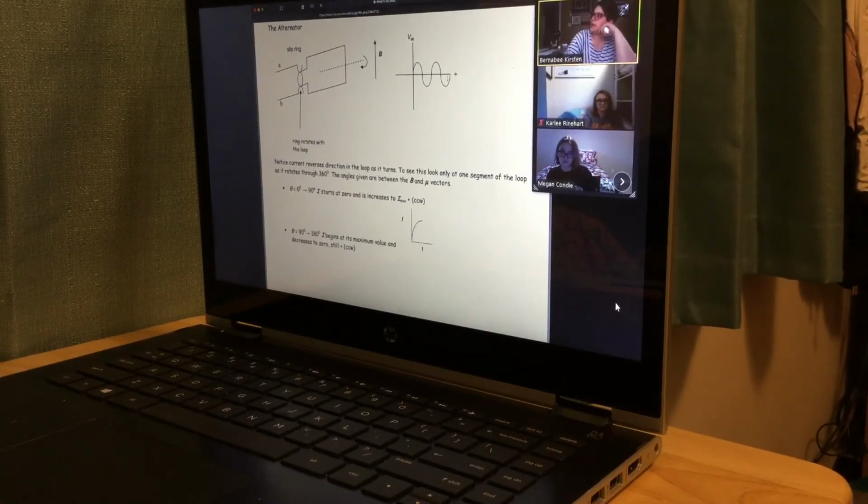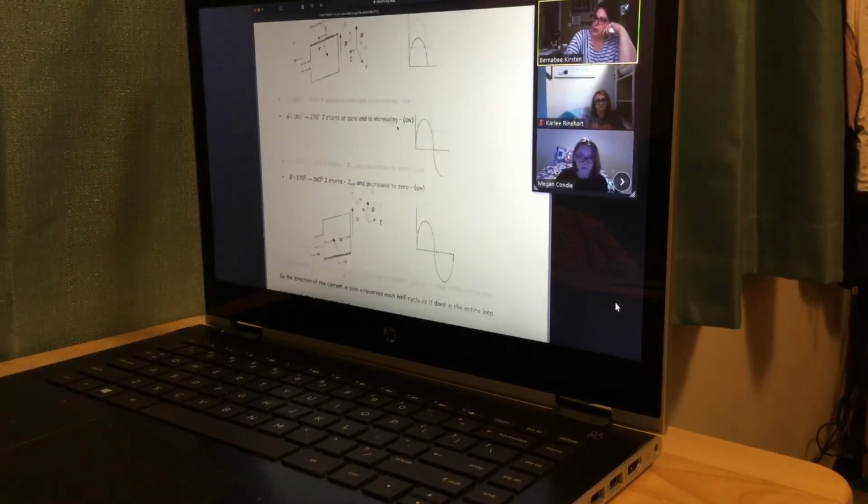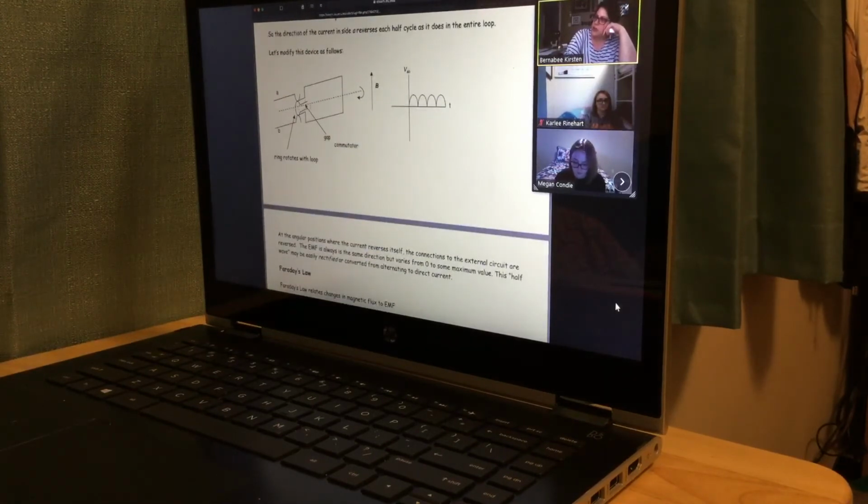Okay, so like we said, an alternator is going to supply an alternating voltage. Can't really be used to charge a battery. So you can put a gap in it. So every time it gets to, okay, this is where we get maximum voltage.